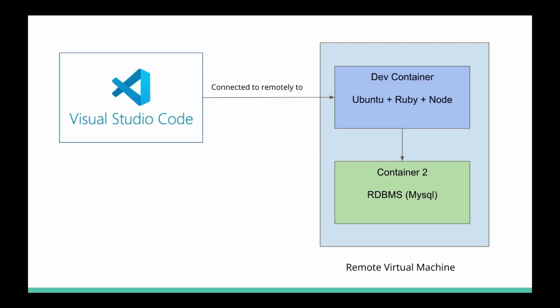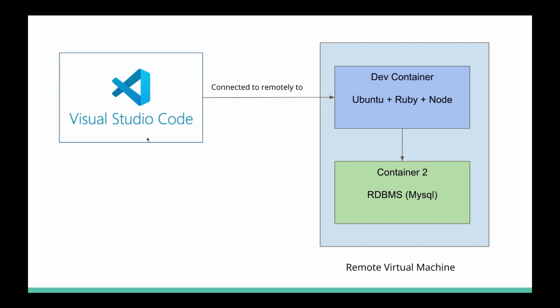Ta-da, it's the golden moment because we can say what a codespace is now. A codespace, in fact, is a remote virtual machine out there on GitHub, I can say perhaps on an Azure environment. And on this virtual machine, we have a dev container, with the things that we need to be installed there, maybe Ubuntu, Ruby, Node, and other things. This container can also be connected to another container, maybe your database or Redis and other things that you need.